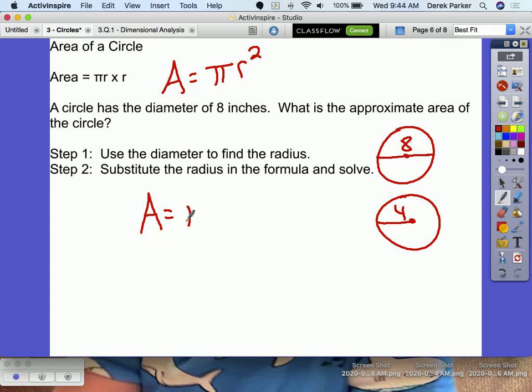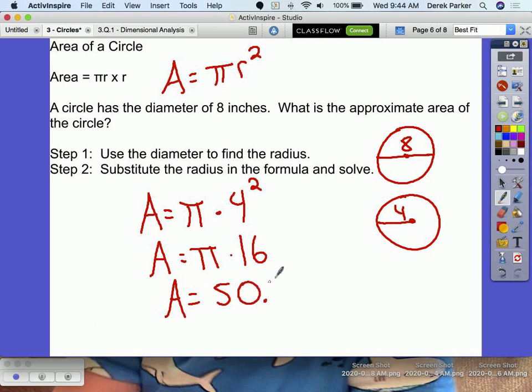A equals pi times 4 to the second power. After I plug into the formula, order of operations says exponents come first. So area equals pi times 16. 3.14 times 16, and I get area is approximately 50.24 square inches.